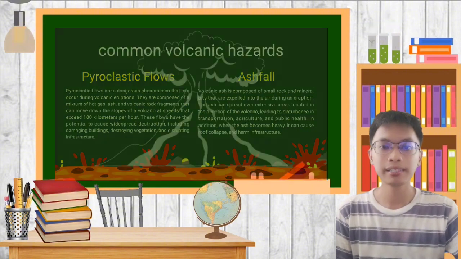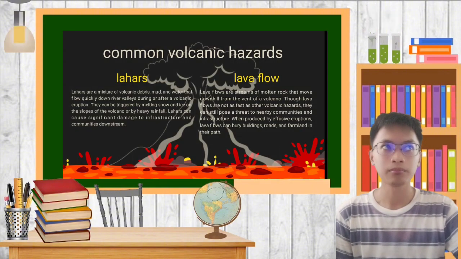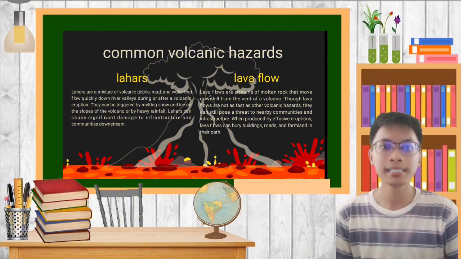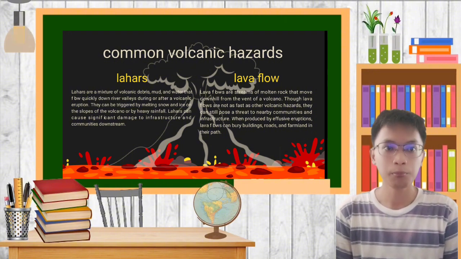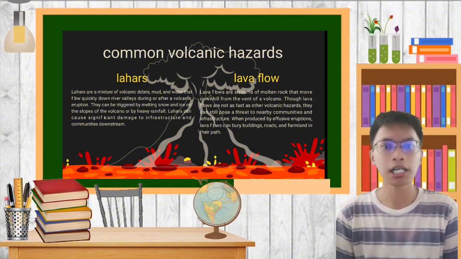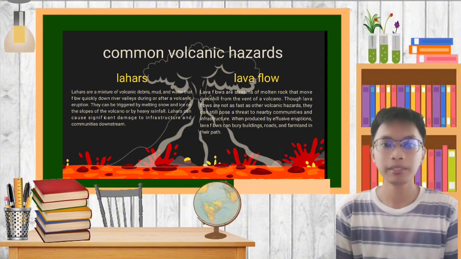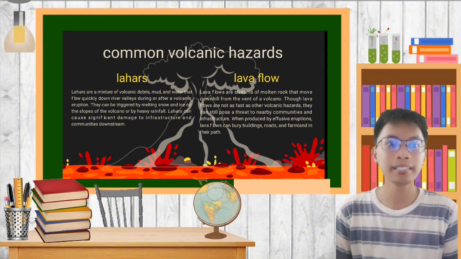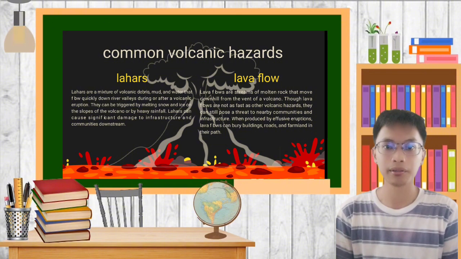Now let's proceed to the third hazard, which is the lahar. Imagine a deadly mudflow composed of volcanic debris, ash, and water. This is a lahar, a fast-moving and incredibly destructive phenomenon.